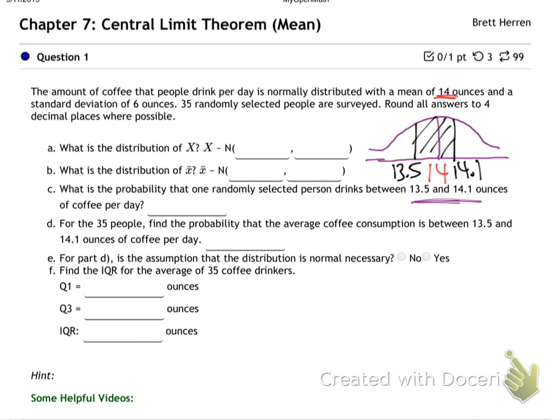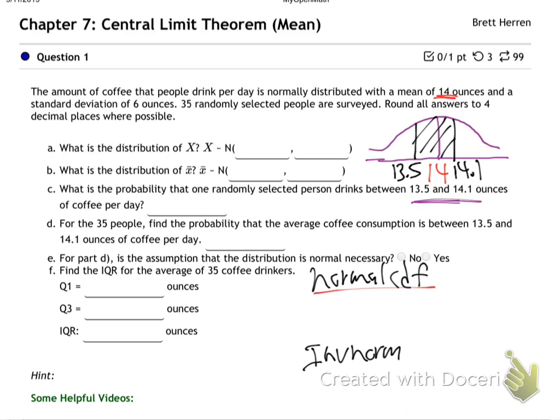So that's what we did in last night's homework, right? We would just draw exactly what they're saying. They're saying what portion of the whole curve is between 13.5 and 14.1. So is that a normal CDF, or is that going to be an inverse norm on our calculator? How do you know? Remember the difference?